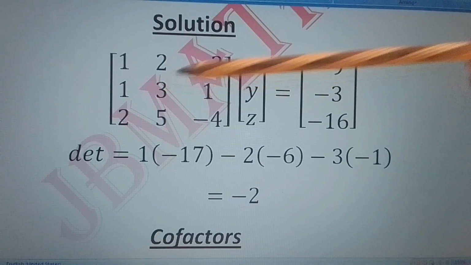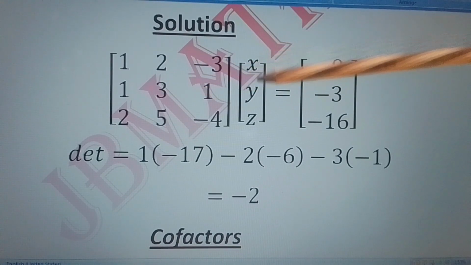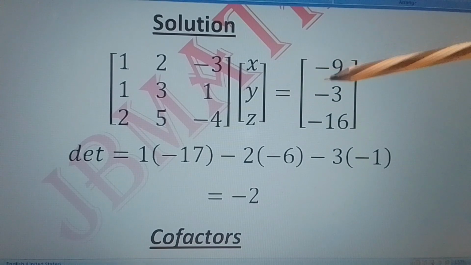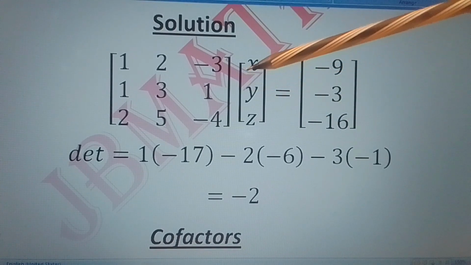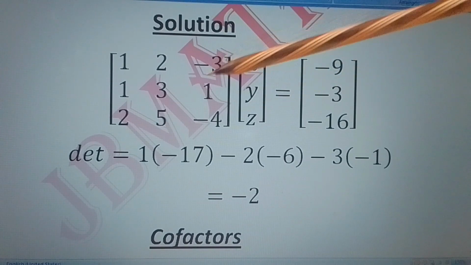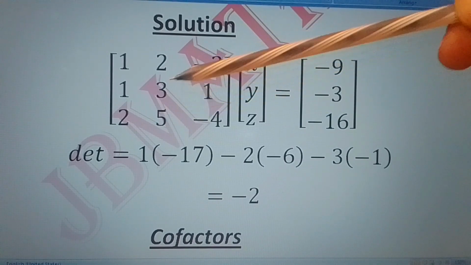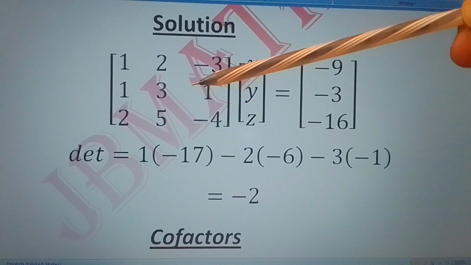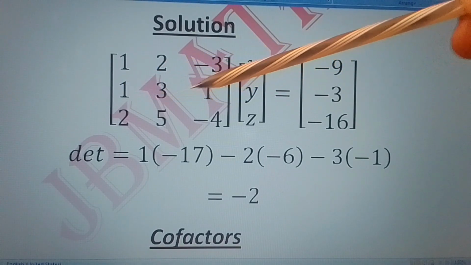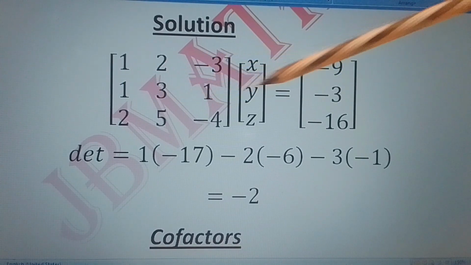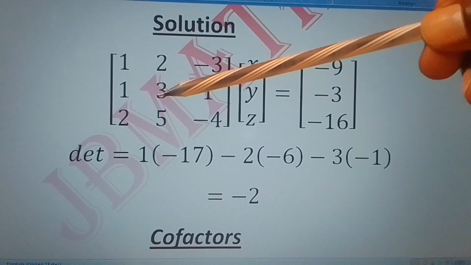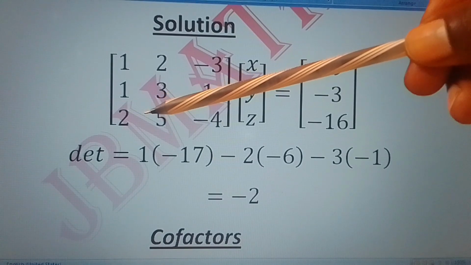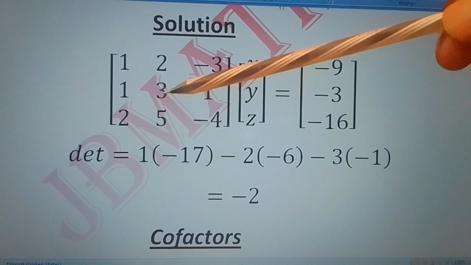This is the part of A, this is the part of X, and this is the part of B. So these are the matrix of coefficients, the matrix of variables, and the matrix of constants. Now, after writing the equation into this form, we need to get the determinant of the matrix of coefficients.